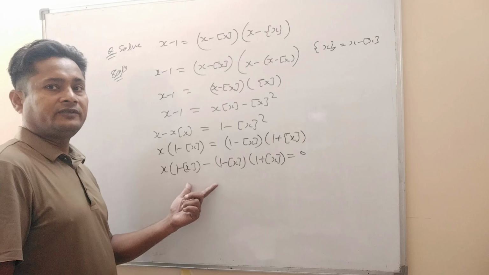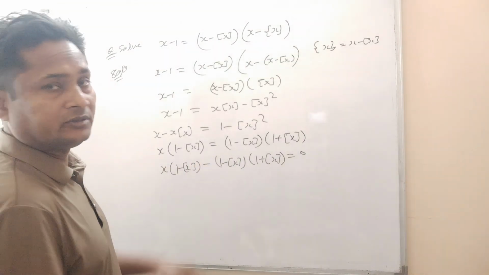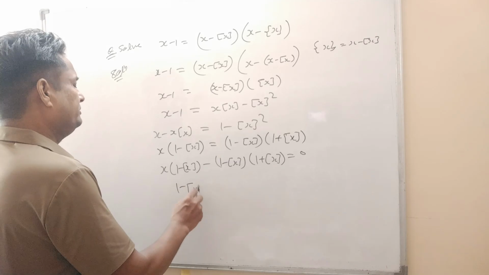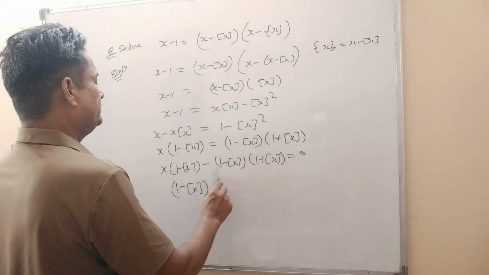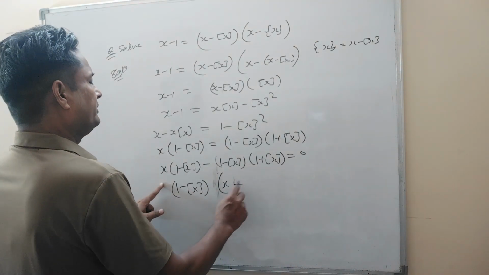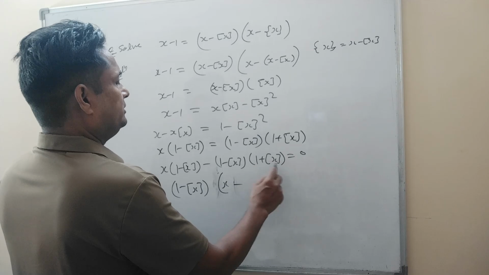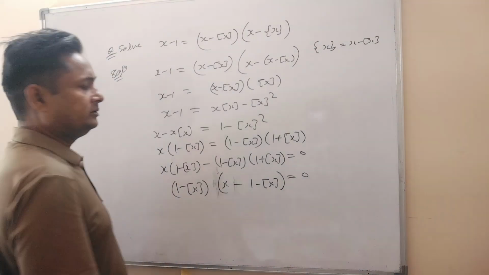What is common? 1 minus greatest integer x is common in both. So this will be 1 minus greatest integer x into x minus 1 minus greatest integer x will be equal to 0.